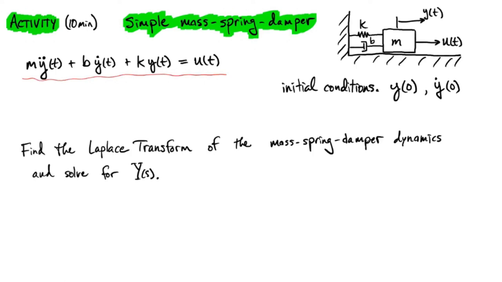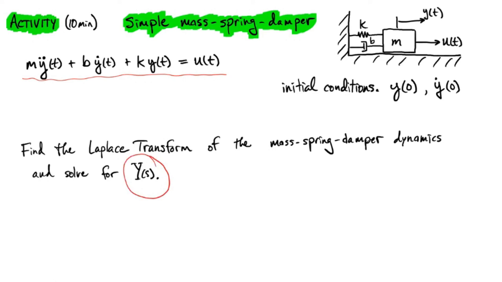We're going to convert that into the Laplace domain by applying the Laplace transform to that whole equation. And then ultimately, not in this activity, but ultimately then we'll be able to solve that differential equation. So we're going to take that first step, which is to take the Laplace transform of this and solve for the Laplace transform of y. So that's capital Y of s.